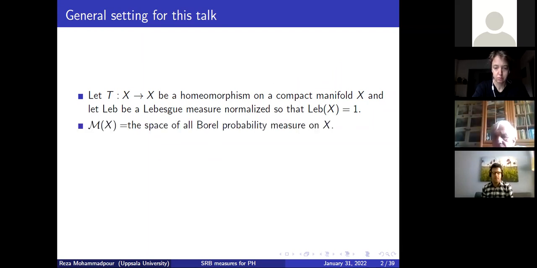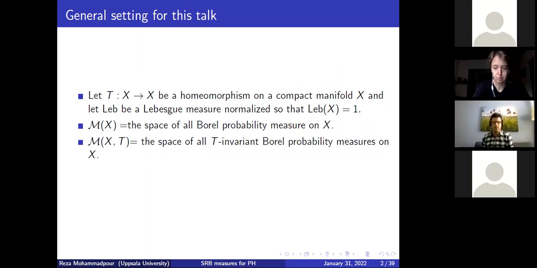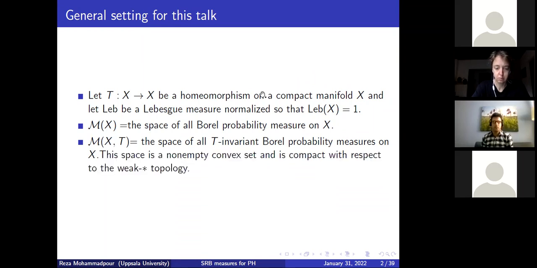M(X) is the space of all Borel probability measures on the compact manifold X, and M_T(X) is the space of the T-invariant Borel probability measures on X, which is non-empty and compact with respect to the weak star topology. So that is the general setting for this talk.